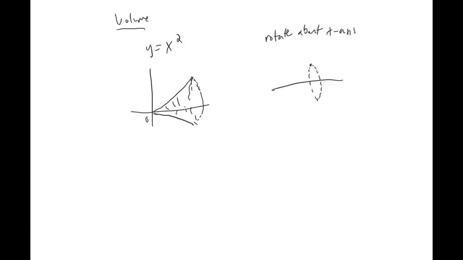Does everyone agree with this? Think of rotating every point, infinitely many, the whole region, and you can see it makes the shape of a cone. Now I can ask, what's the volume of this cone?